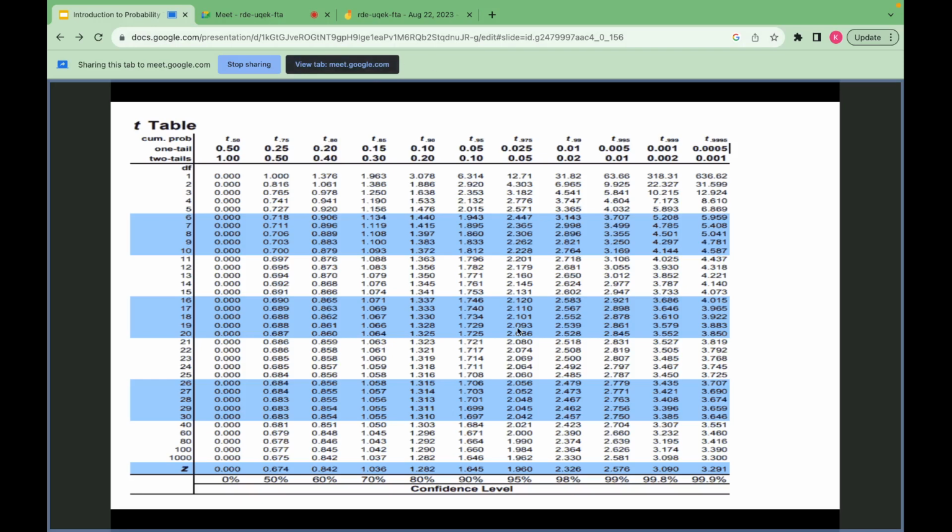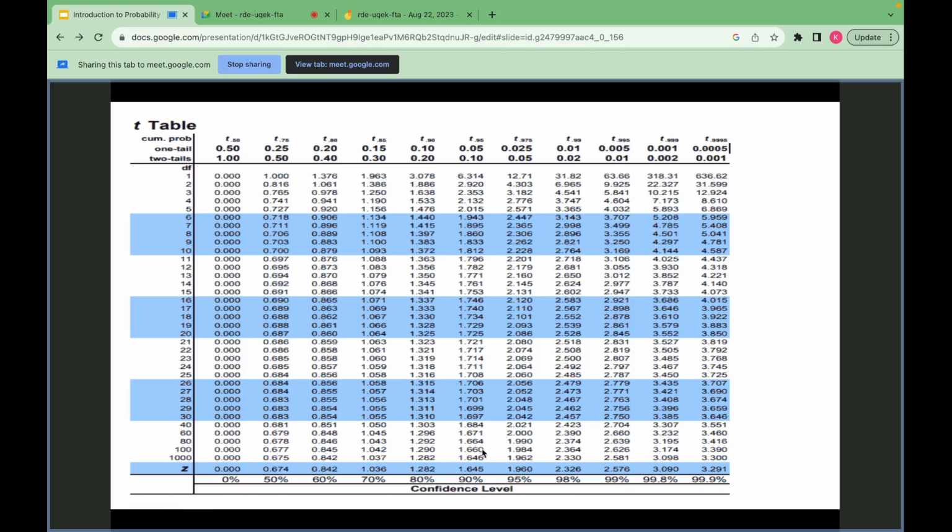From this table we can see for t.05. We don't have it for n equal to 144.